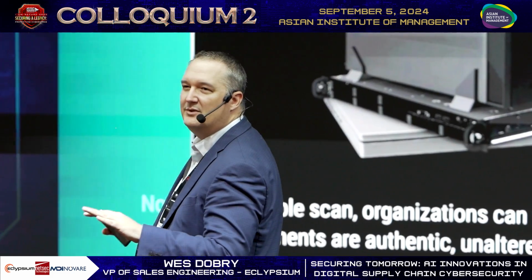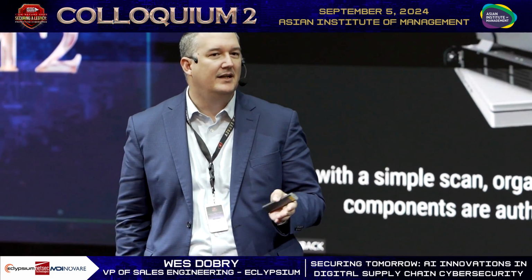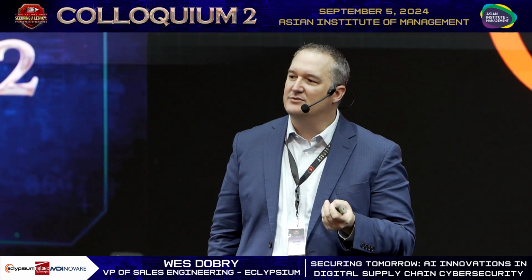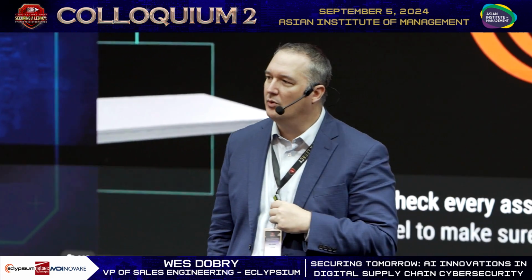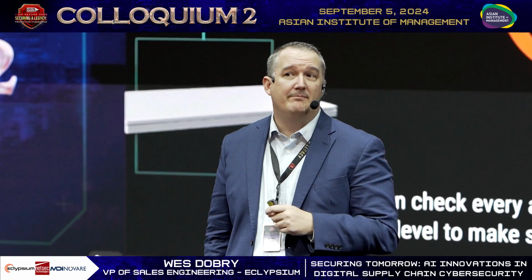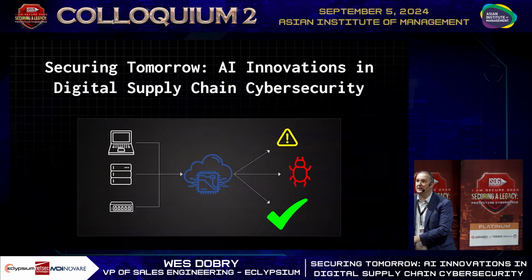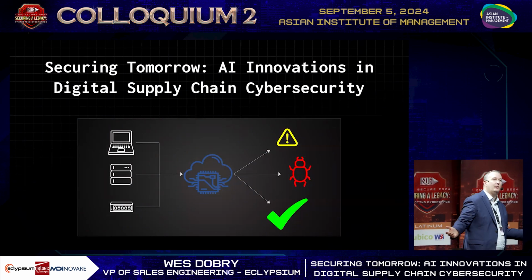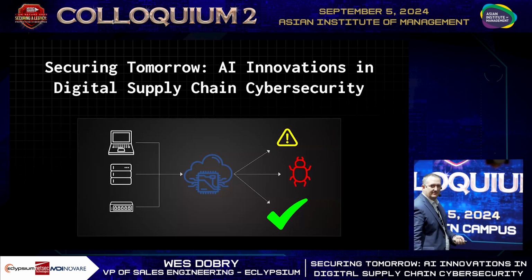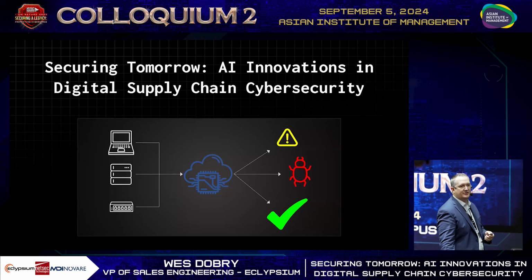So that's what I'm going to focus my time on today: one, how do we protect against these kinds of next generation supply chain threats, as well as what the impact of these is to our organization if they are exploited, and of course, how we mitigate against them. So I'm going to talk again about how we leverage artificial intelligence as part of digital supply chain cybersecurity.